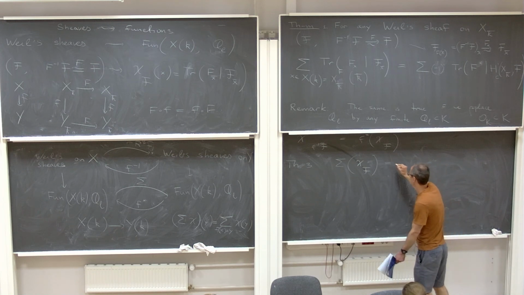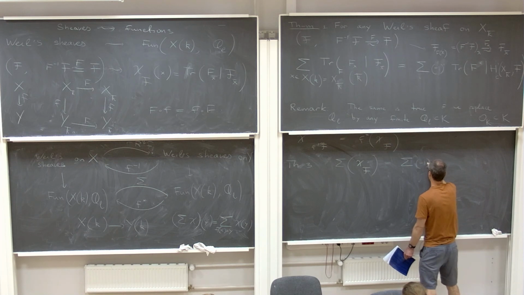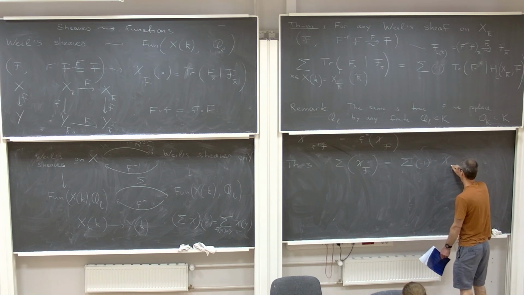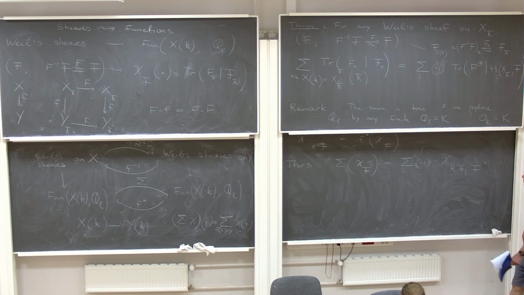Then you get the sum over all i, (-1) to the power i, of characteristic functions of R^i f_! of f. Okay? Does it make sense?